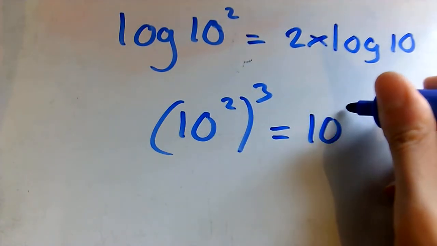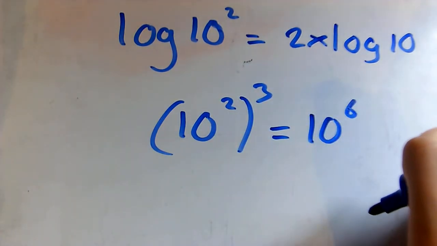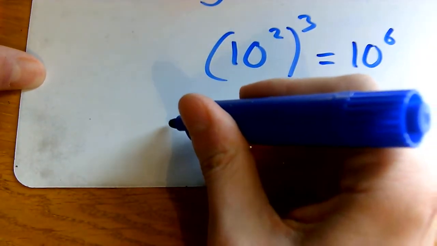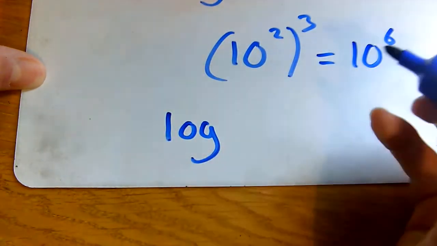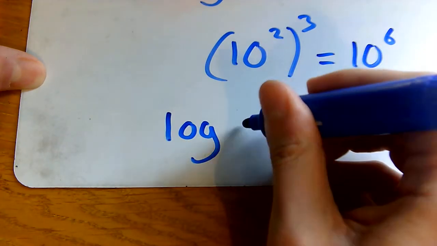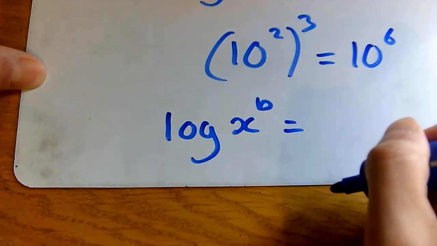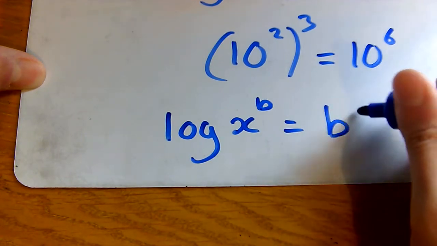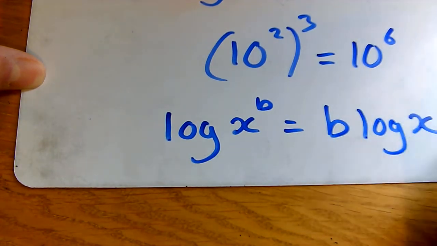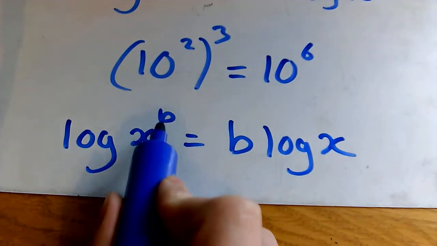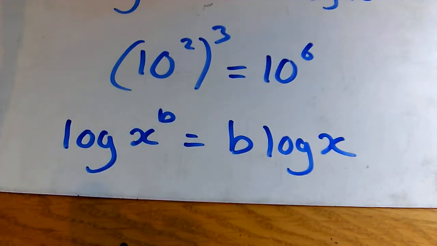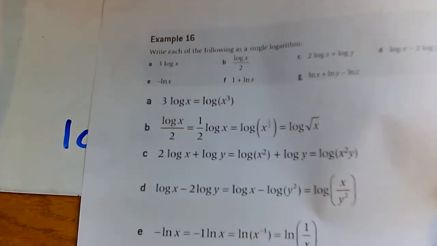So it's the inverse of that rule there. In other words, if you have log of x to the power of b, we can rewrite that as b up the front, log x. So the power goes from there to the front. Okay, so those are the rules you need to know. Again, I'd look through example 16 and see if you can work out those and make sure you can see where all those have come from.